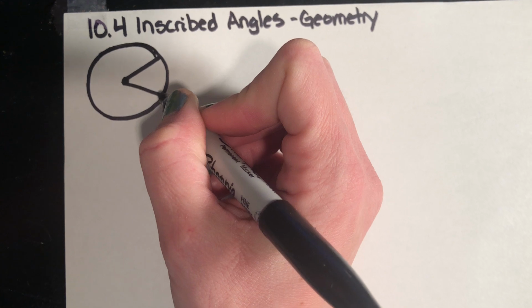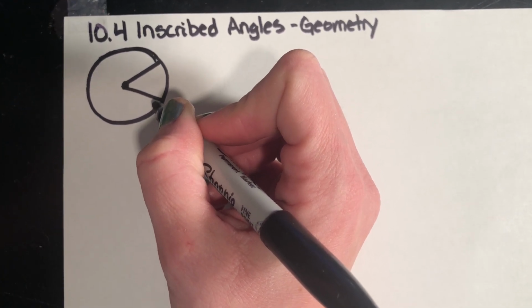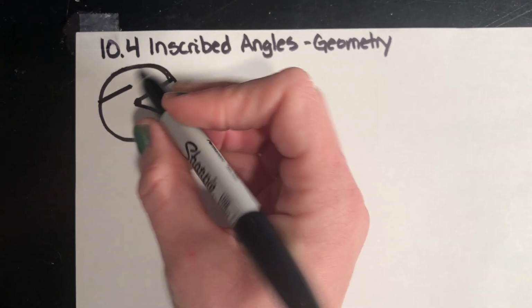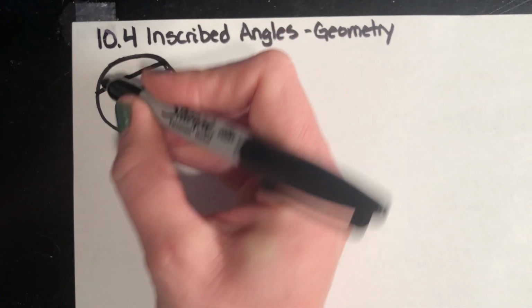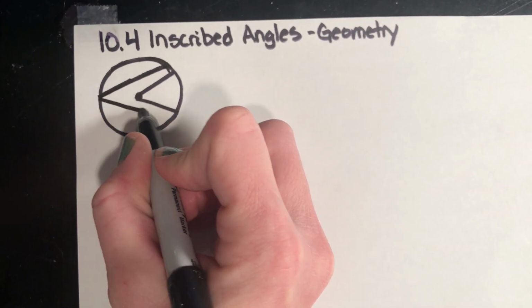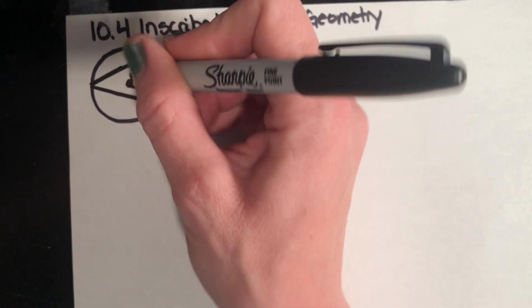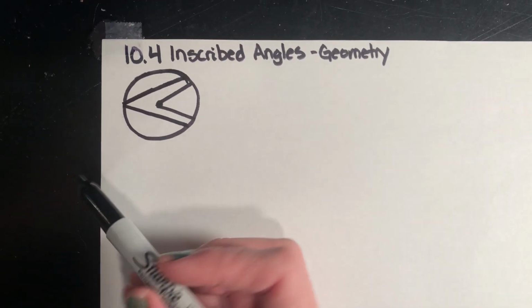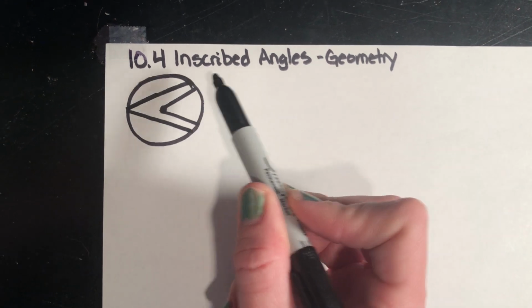The new vocabulary word we're going to learn today is inscribed angle. So an inscribed angle, let's draw it right here. There we go. This angle has a vertex on the circle and sides that contain chords.